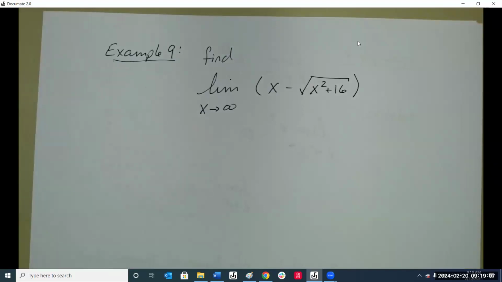Actually, we had something like this not too long ago. So what happens if you just plug in infinity there?